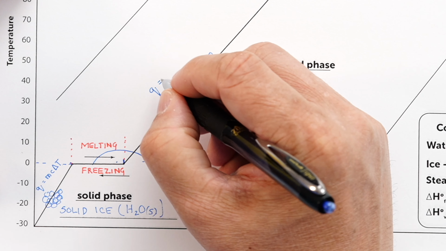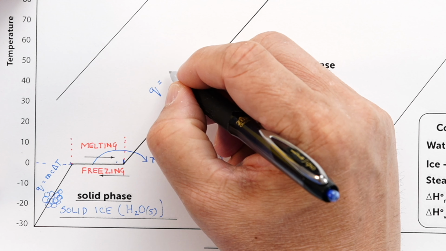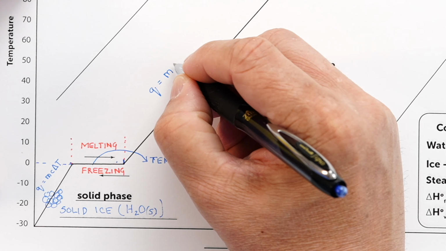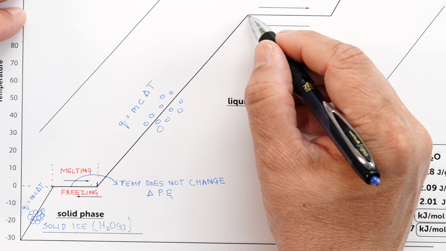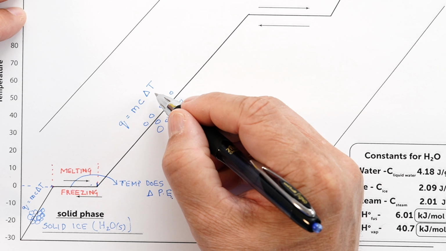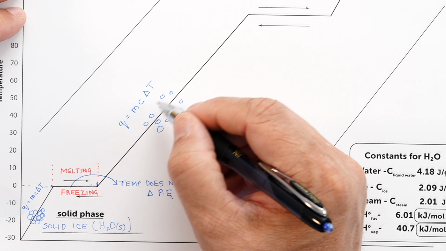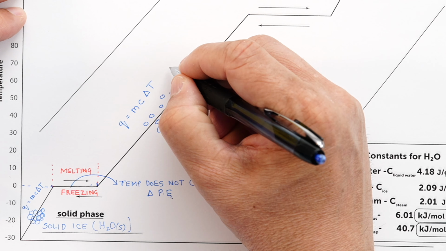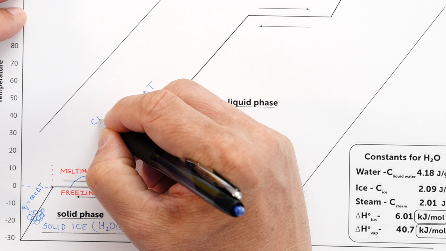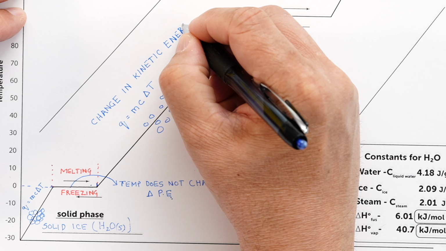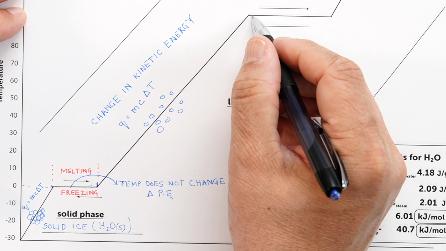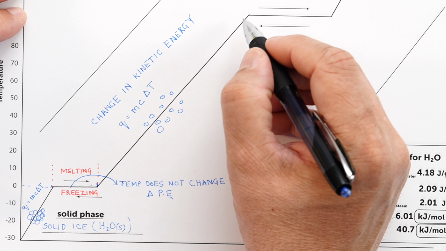We measure the enthalpy, delta H, in terms of mc delta T in this region of the heating curve till we get to this corner. So this is a change in kinetic energy in this area as well.